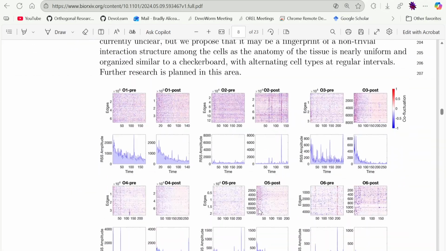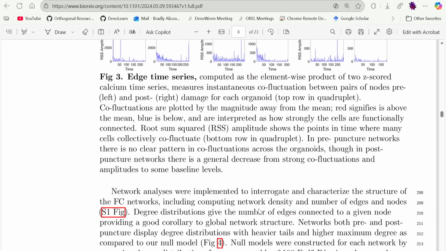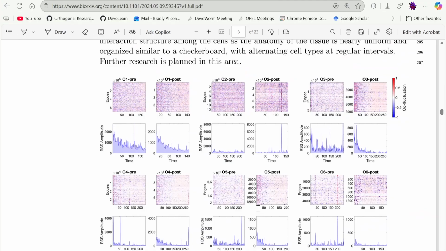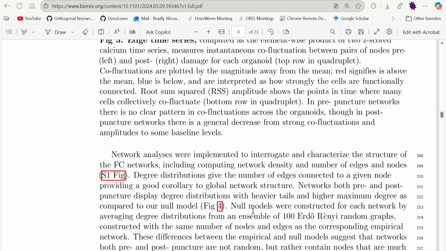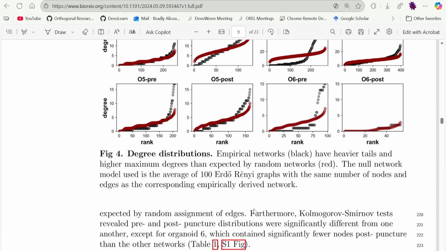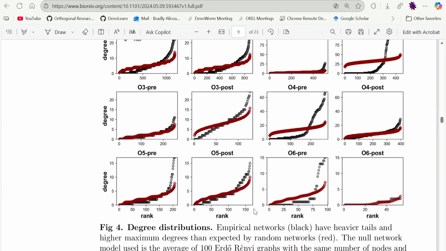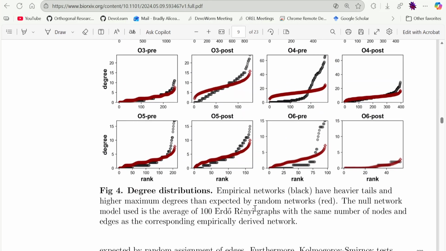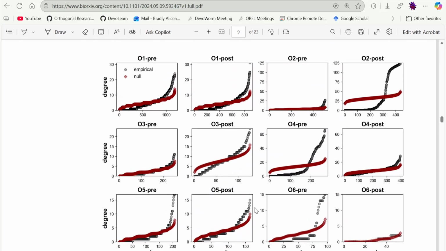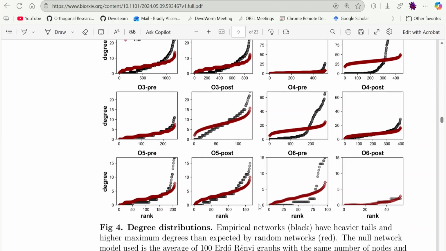And then this is just more data from their time series, so they have things in time. And then the degree distributions, which are sort of showing the nonlinearities in the network.